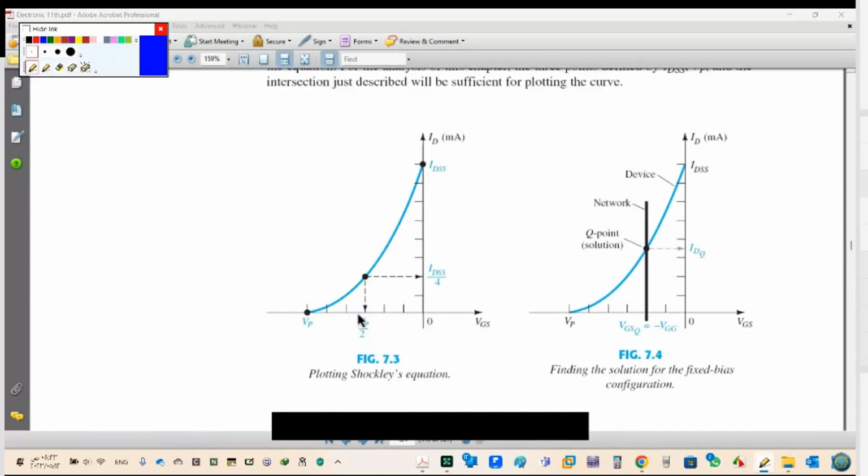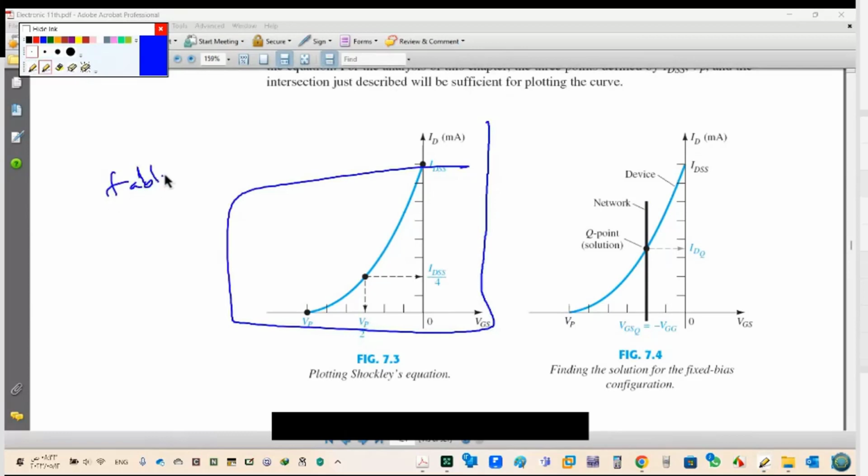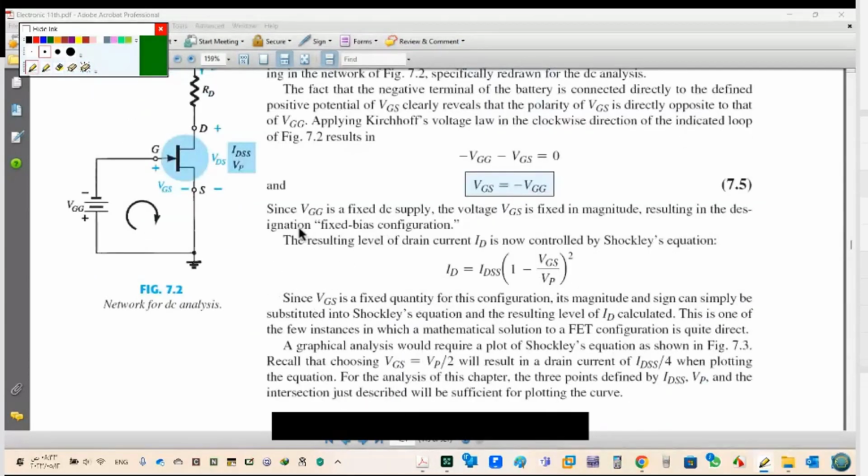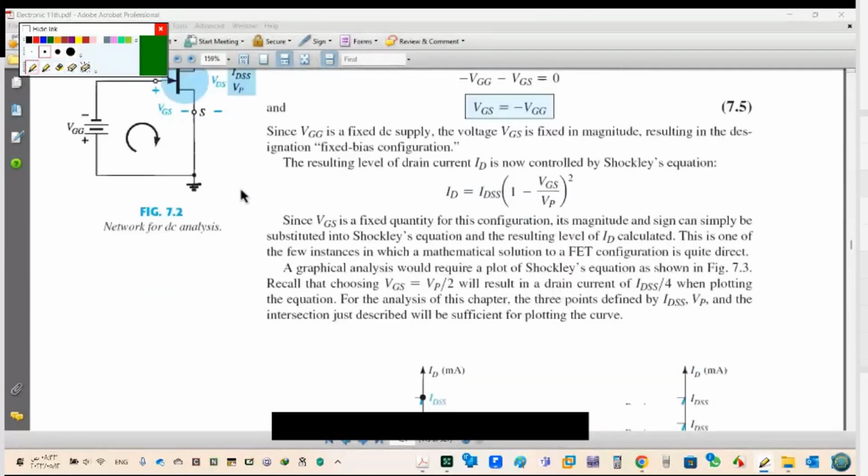This is drawn in a table, table 6.1 in chapter 6. We need four points, 1, 2, 3, 4, to draw this curve. Where are VP and IDSS? They are given here in the question. I will give you IDSS and VP in the question.